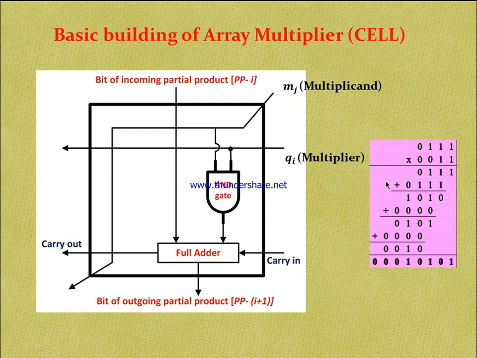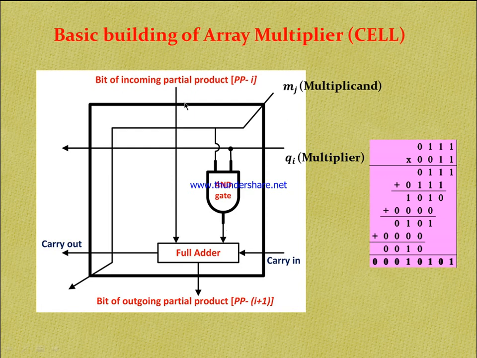So now this operation is done. For the next operation, this multiplication, this is the multiplier. So now this comes here. Again here also this is 1, and from here it is 1, so the result is similar. This is 1.